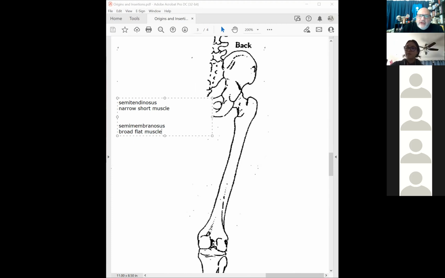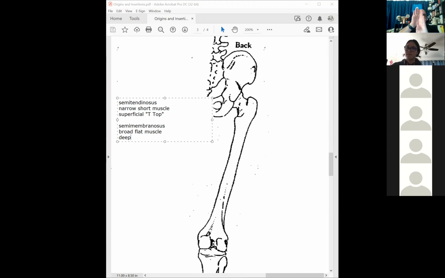And there's one other big difference between them. Much like the two bellies of the biceps femoris, one is superficial and one is deep. The same thing is true here. The semitendinosus is superficial. I remember that because the T in tendinosus is T on top. And the semimembranosus is deep.